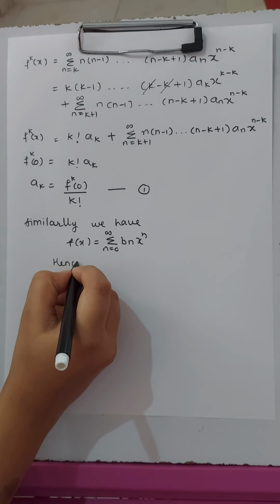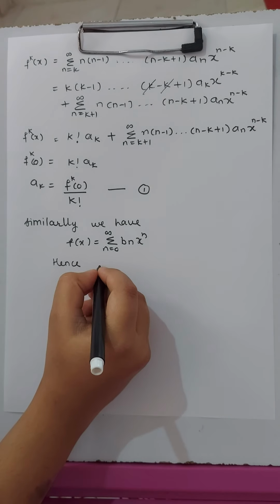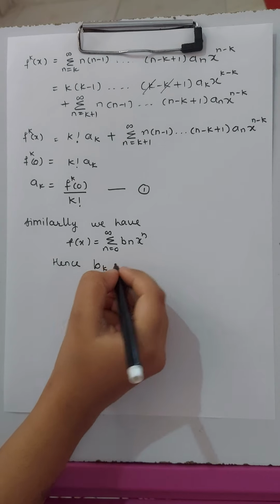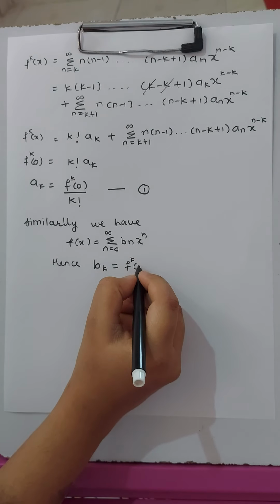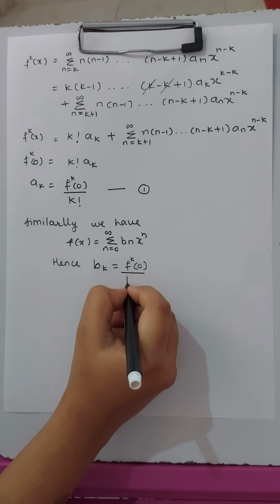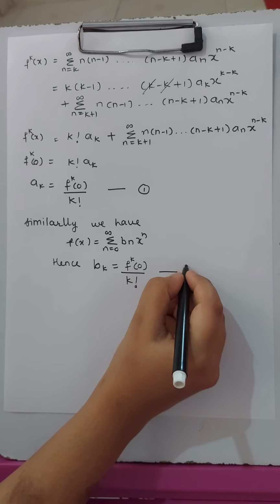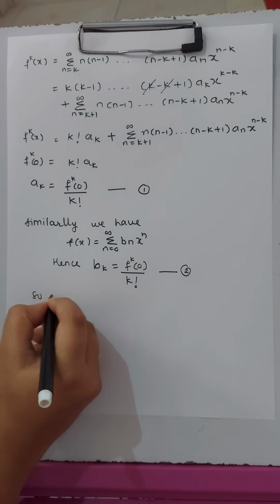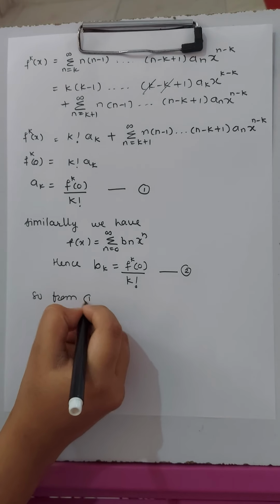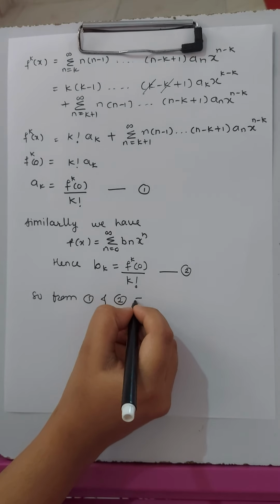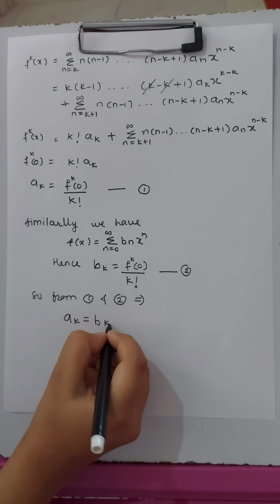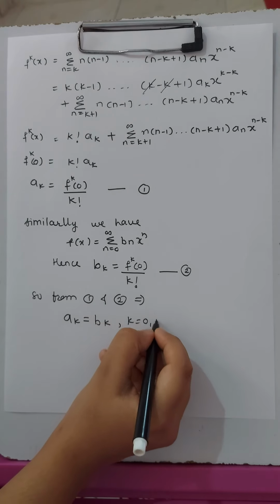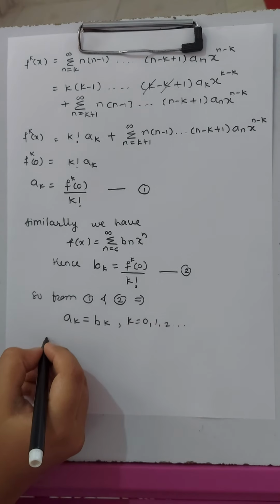Hence, solving in the same manner, we get bk equals the kth derivative of function f at the point 0 upon k factorial. We number it as 2. And so from 1 and 2 this implies that ak is equal to bk for k equals 0, 1, 2 up to so on.